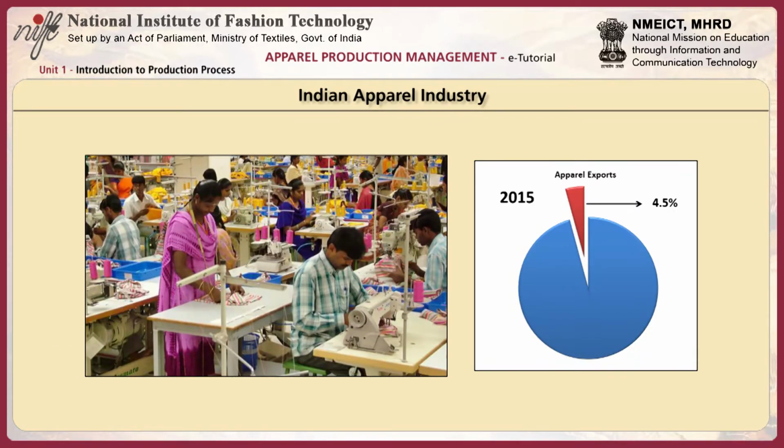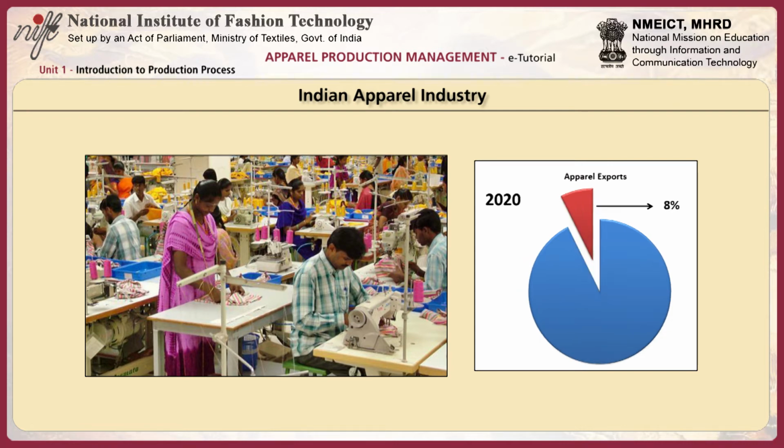India's share of the world's apparel exports stands at 4.5%. It is estimated that due to the increasing shift of apparel and textile production to Asian nations and the deteriorating export competitiveness of China, this figure will grow to 8% by 2020, with a total export value of $82 billion.